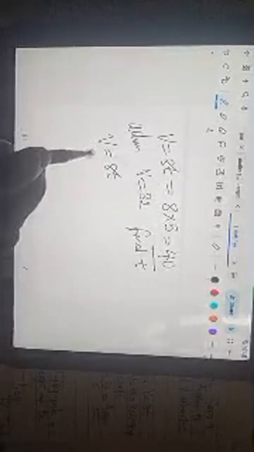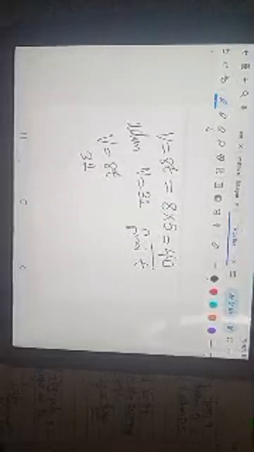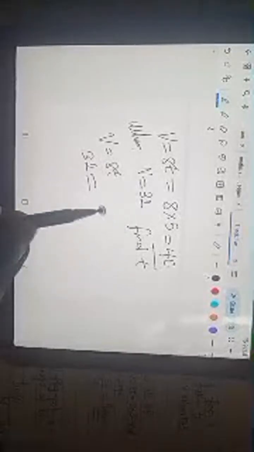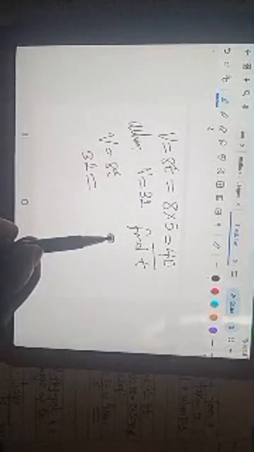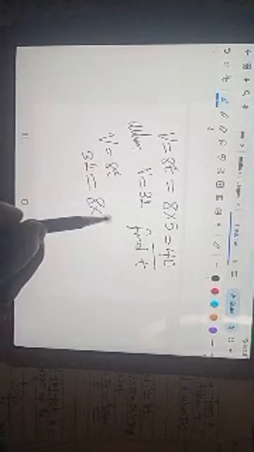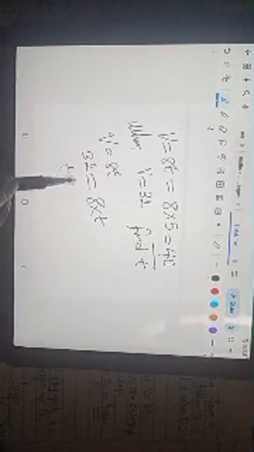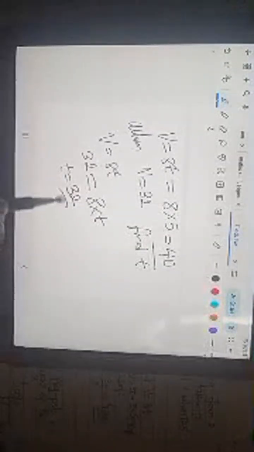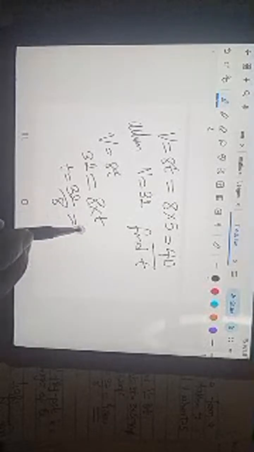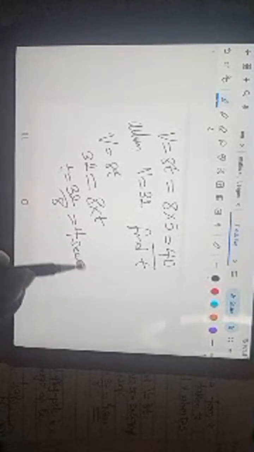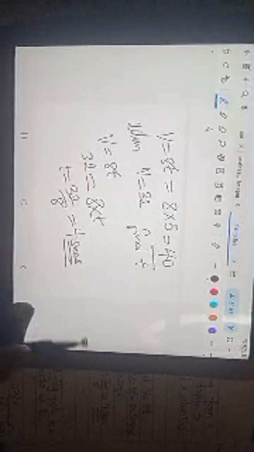So 32 is equal to 8 times T. T is equal to 32 over 8, which is equal to 4 seconds.